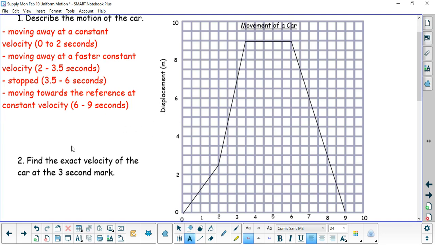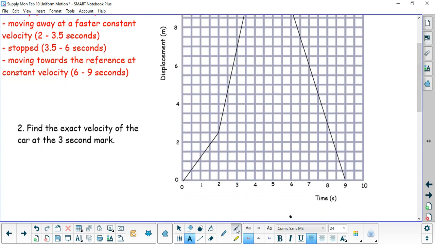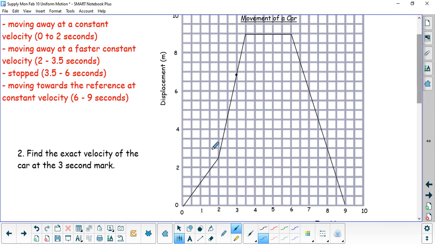The second question asks to find the exact velocity of the car at the 3-second mark. So if I look at the 3-second mark, if I locate it, I find it is right there. So I want to know how fast is it going then. But remember, we said that this whole section, from 2 until 3.5 seconds, was going the same velocity.